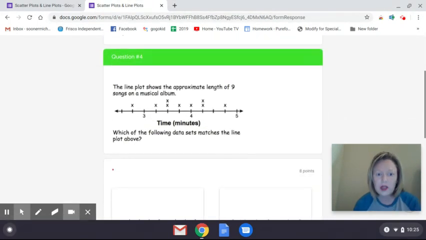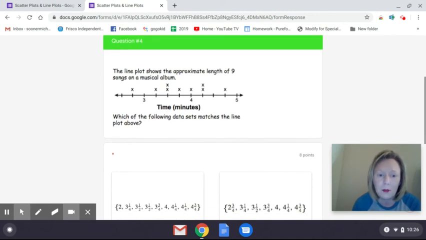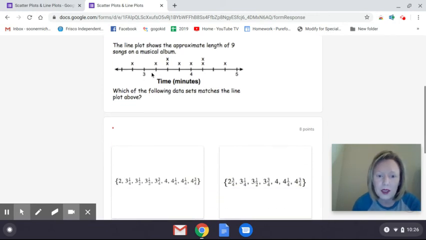Now on this question, the line plot shows the approximate length of 9 songs on a musical album. Which of the following data sets matches the line plot above? If I'm looking to see how these little tick marks are broken up, I see that 3 to 4 is all the way over here. So we've got fractions in the middle.